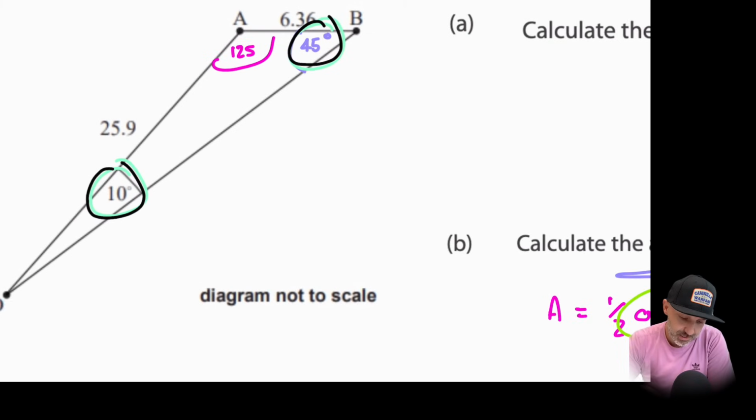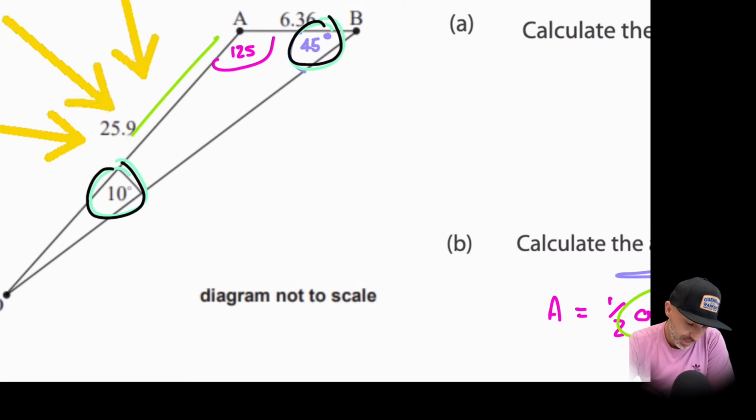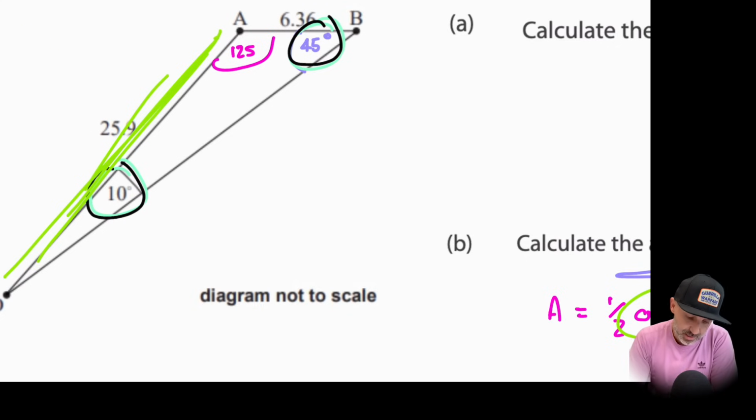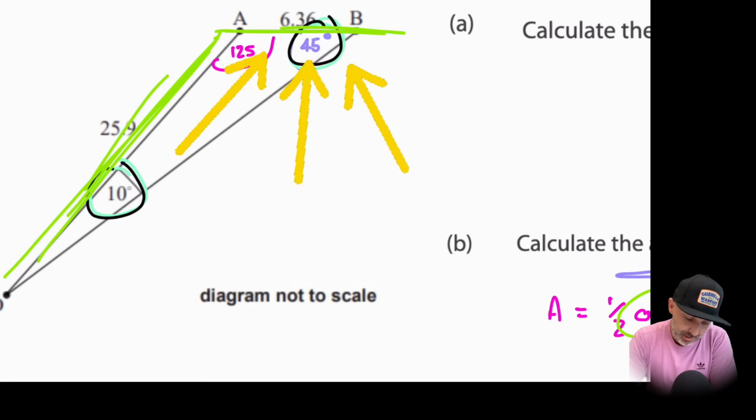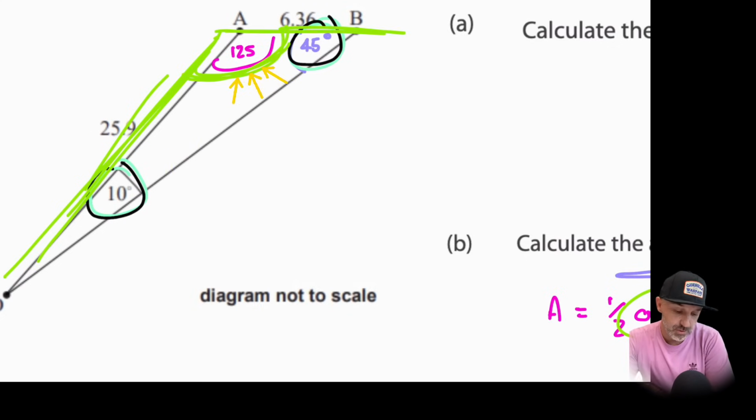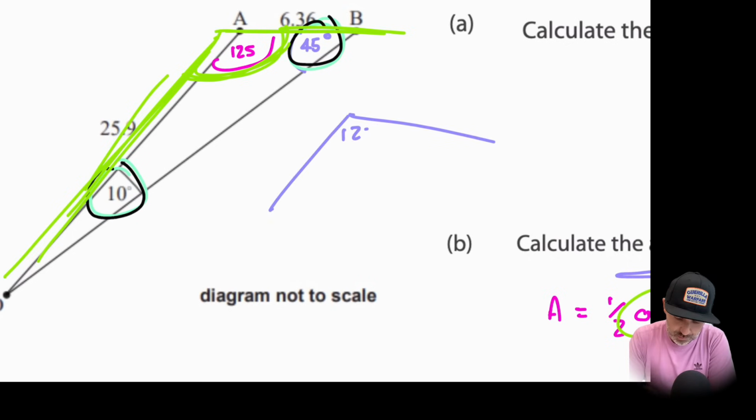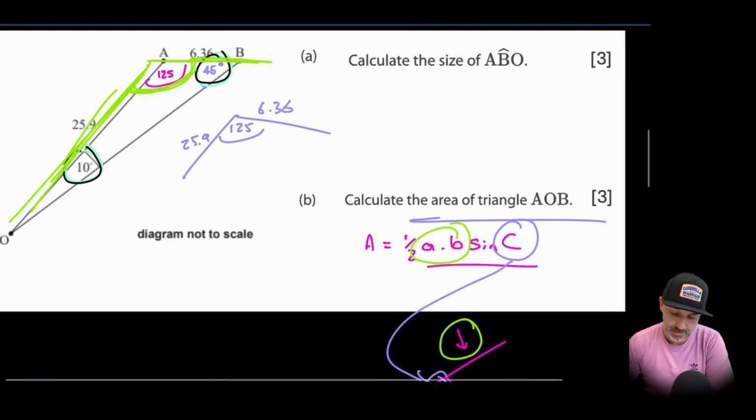Now, on the outside here, I have a side and another side, and I have the interior angle. So I'm completely ignoring the labeling at this point. This is 125, and I know that this is 25.9, and this is 6.36. So let's punch that into the calculator.